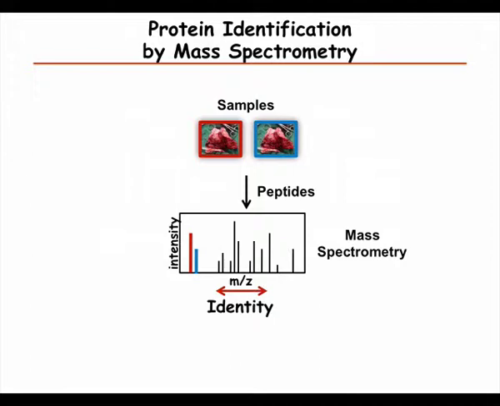For identification, we can measure them. Modern mass spectrometers can measure masses down to a few parts per million, so we get very accurate mass measurements, both on the peptide and on its fragments.